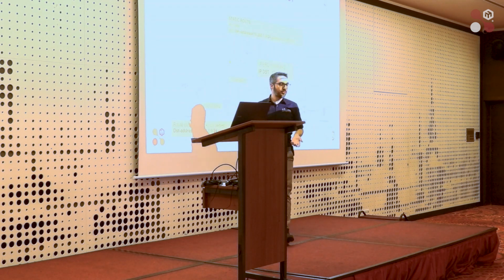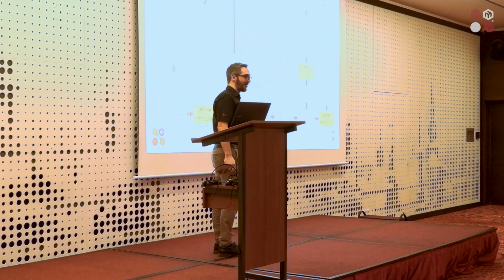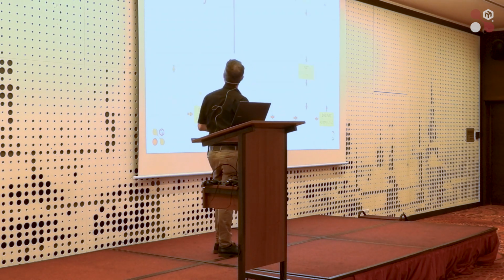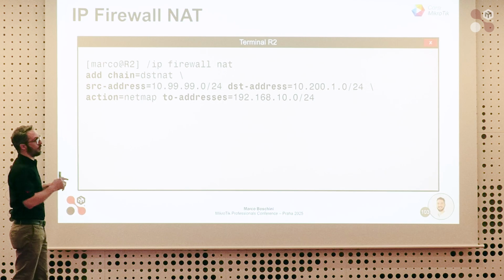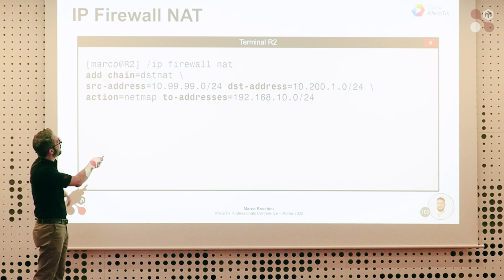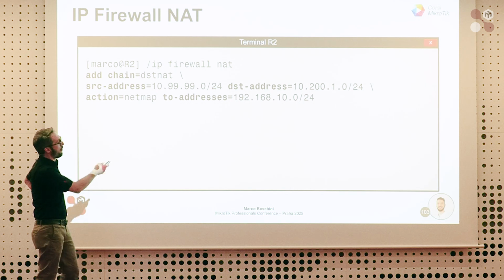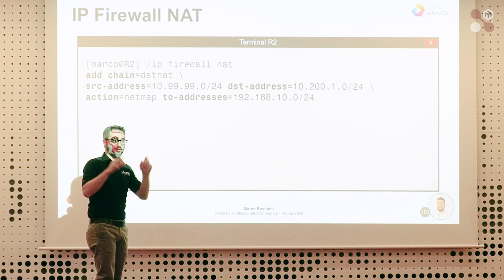And in router 2, can we modify the packets? Yes, of course. You can change the destination IP address with the real destination IP address in the destination NAT. In this case, we have to add another rule in the firewall NAT with destination NAT, for packets from the VPN source address destined to the fake route.